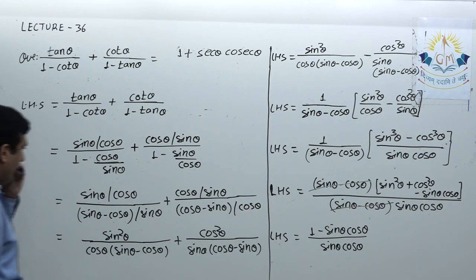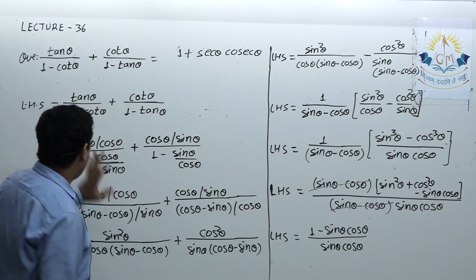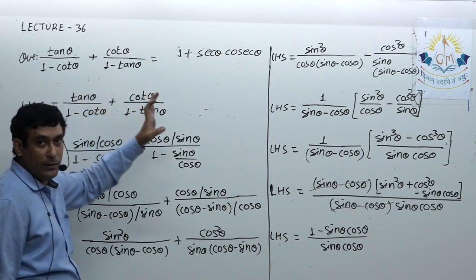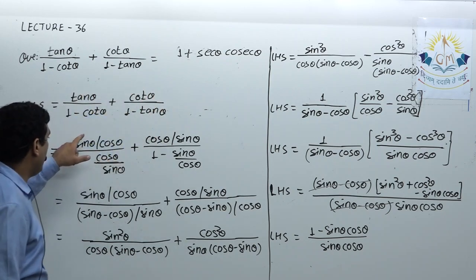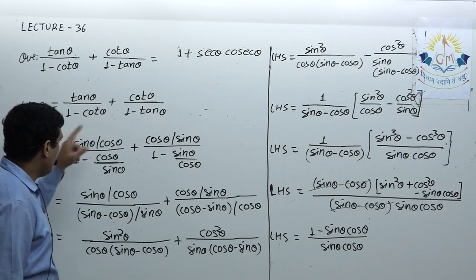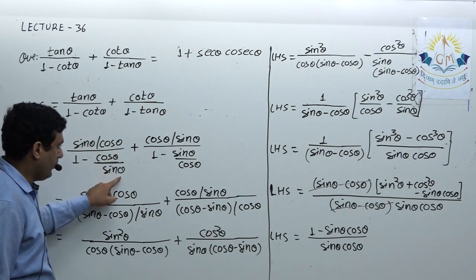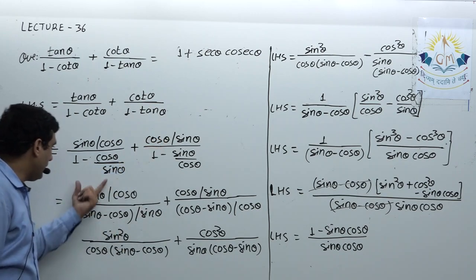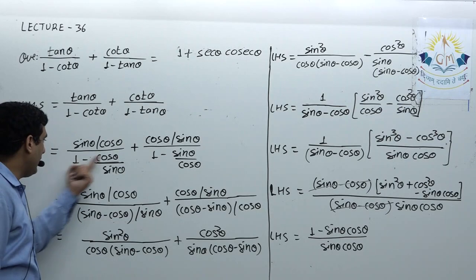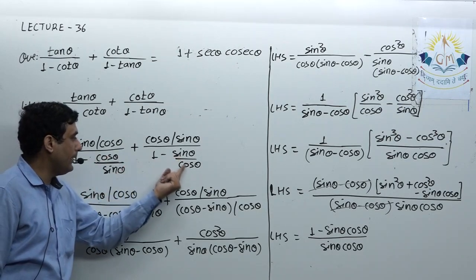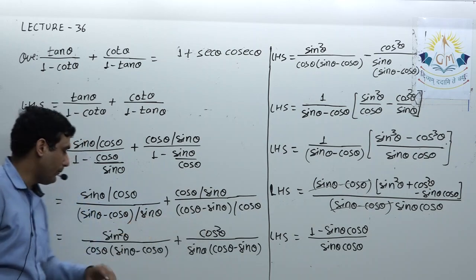Okay, so before I proceed, let me explain you once again. Simply what I did, I started by converting trigonometric ratios in terms of sin and cos. So tan theta I wrote as sin upon cos, cot as cos upon sin, similarly over here. Now in the denominator I took LCM, so I got sin minus cos upon sin, and over here I got cos theta minus sin theta upon cos theta.